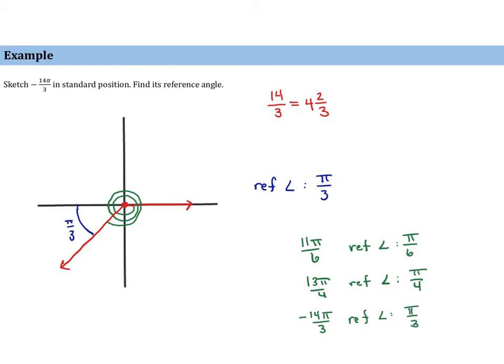Now, you'll notice that 11/6 is in simplest terms, 13/4 is in simplest terms, and 14/3 is in simplest terms. When that happens, I can just look at the denominator, and that will determine the reference angle. So if we had something really complicated, like 29 pi over 3, the reference angle would simply be pi over 3. That's the pattern, and that's the beauty of radians.